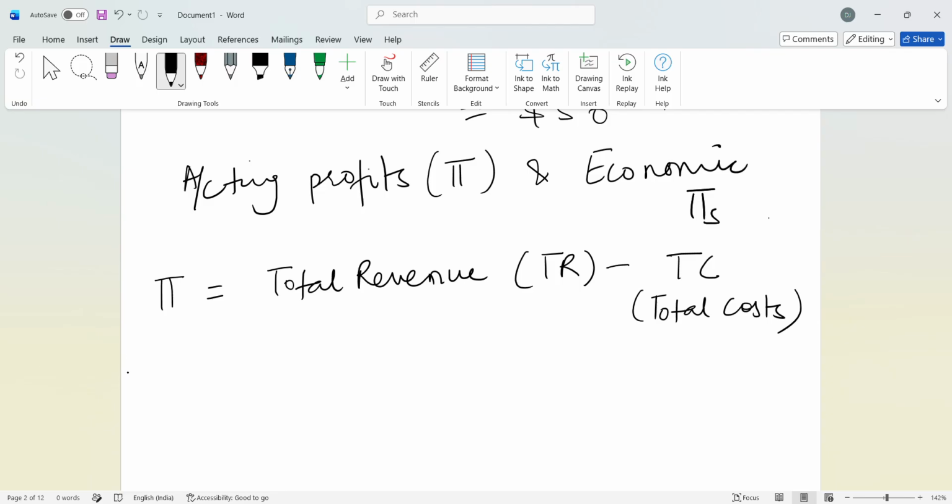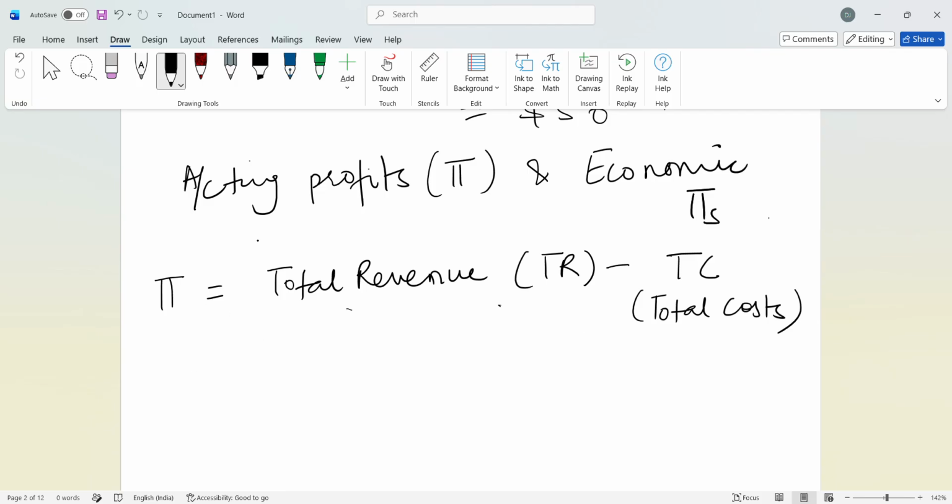All right. So profit in a very simple formula is calculated as total revenue minus your total cost. If this is a positive number, then your profits are positive. That means you are earning some profit. If this comes out to be a negative number, that means you are incurring losses.